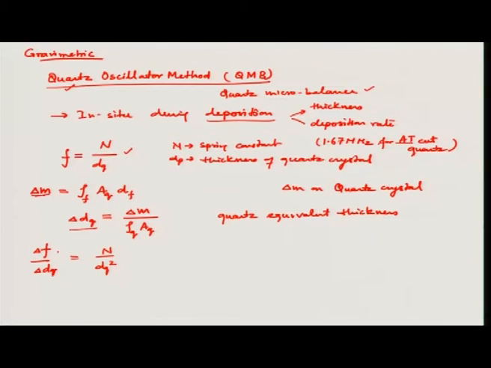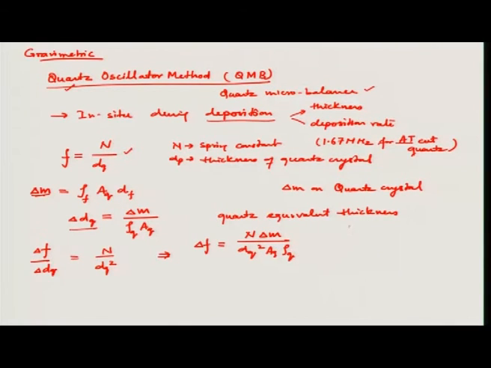But we are just taking the change, so with the positive sign, there will be a negative sign also here. So, this will give me delta f, the change in frequency of the quartz crystal, which will be N delta m divided by dq square, and Aq and rho q.